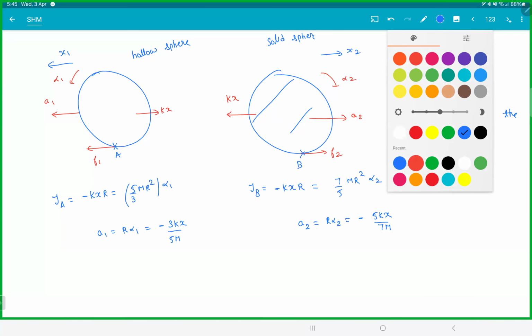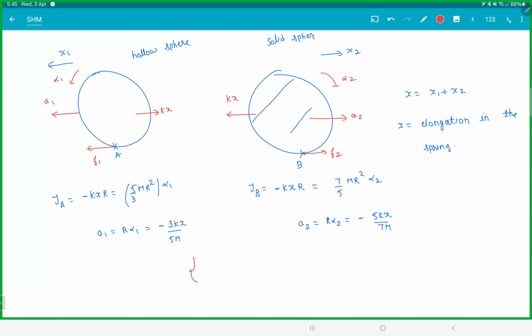Now what we are interested in is a1 is equal to minus omega square x1, or a2 is equal to minus omega square x2. A is not equal to this thing. So if you divide a1 by a2, you will see something interesting. Minus 3kx by 5m, 5kx by 7m.